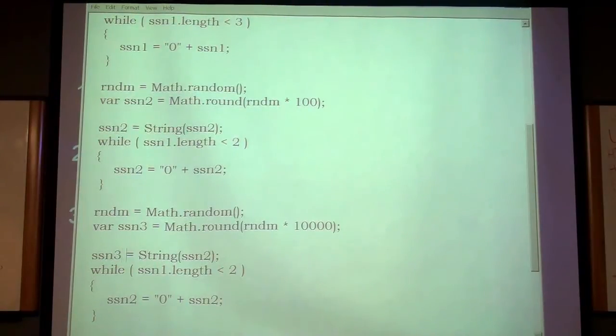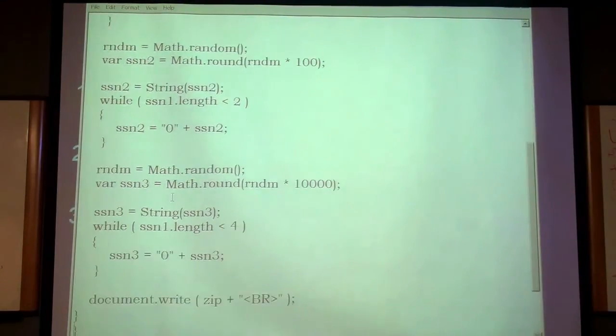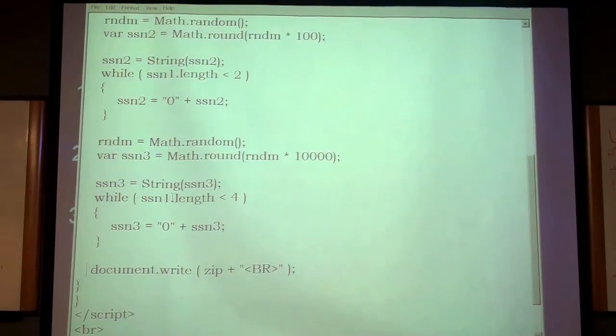So Social Security 3, while it is less than 4, Social Security 3 plus Social Security 3. So finally, I have to say SSN number. Then I have to print this.